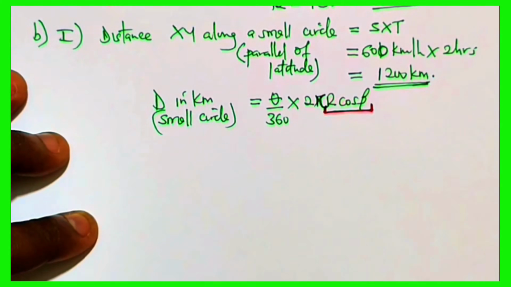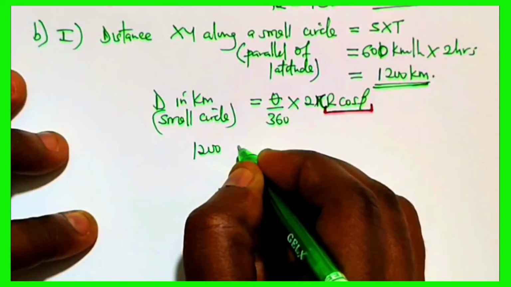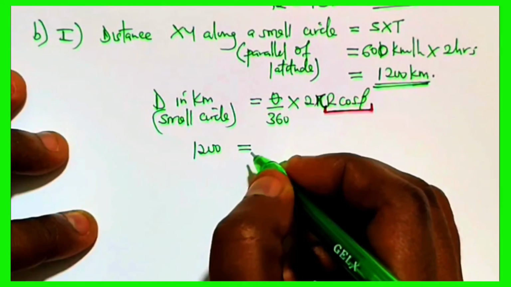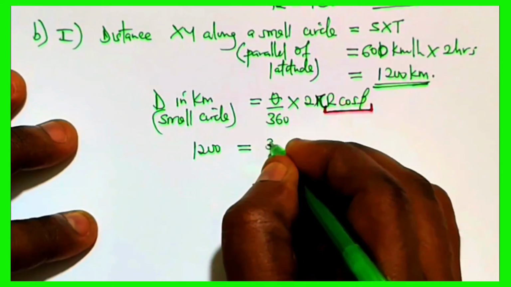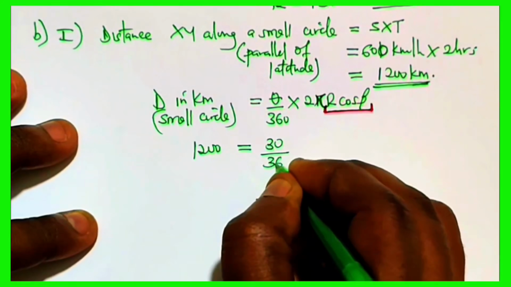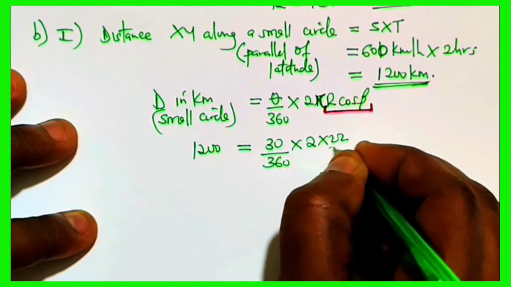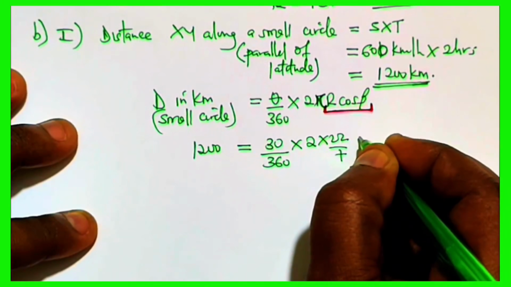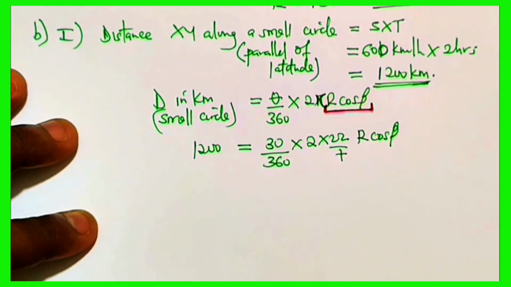So we are going to consider that the distance now is equal to 1,200 kilometers, and this will be equal to the value of theta. We had found it to be equal to 30 degrees. You're going to have 30 divided by 360 to multiply by 2 and then by 22 over 7, and then let's find R cos beta.